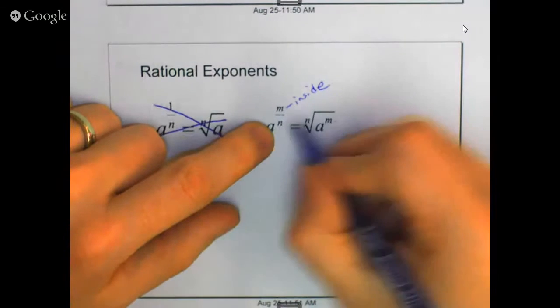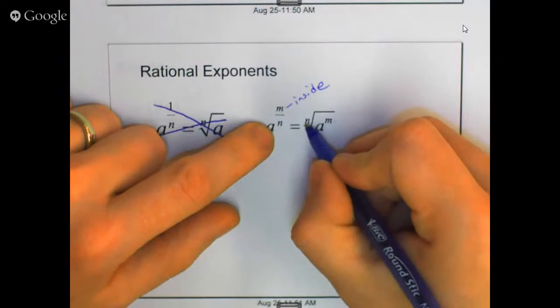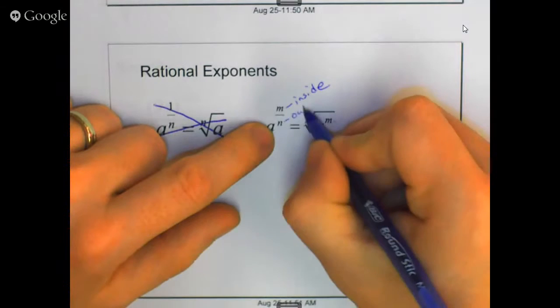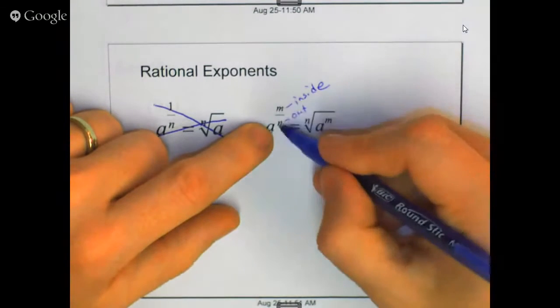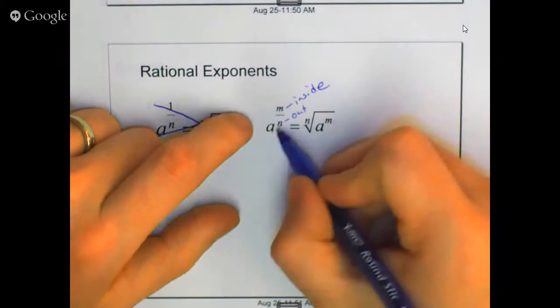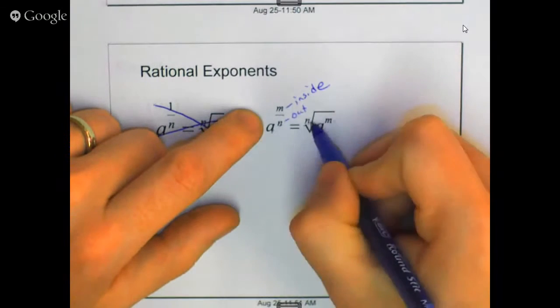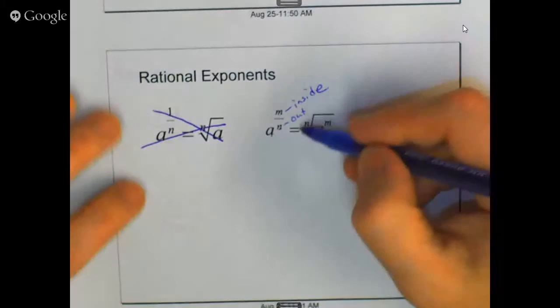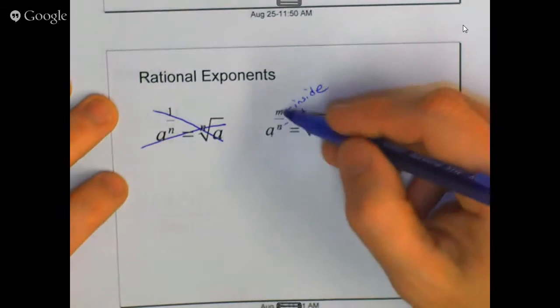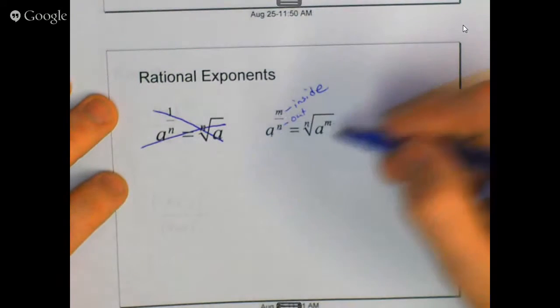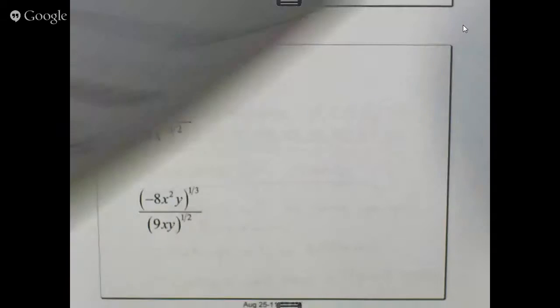My n stays outside up on the shelf, so we'll say out. So I simply call this inside out. So that's switching from a rational exponent to a radical. Inside out. You need to know that.